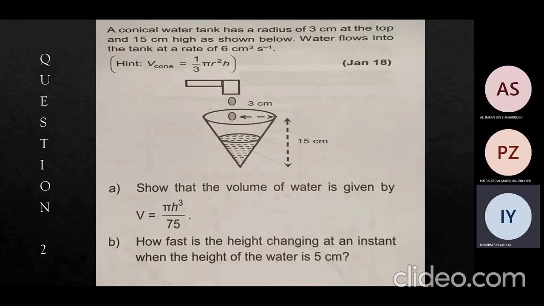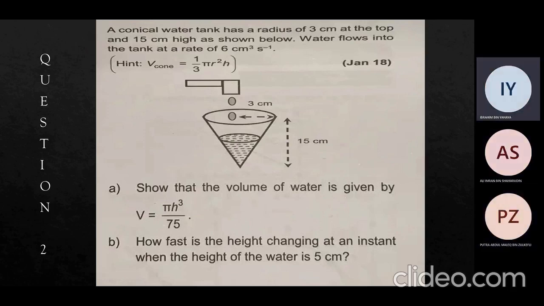For question number 2, a conical water tank has a radius of 3 cm at the top and 15 cm height as shown below. Water flows into the tank at a rate of 6 cm³ per second.